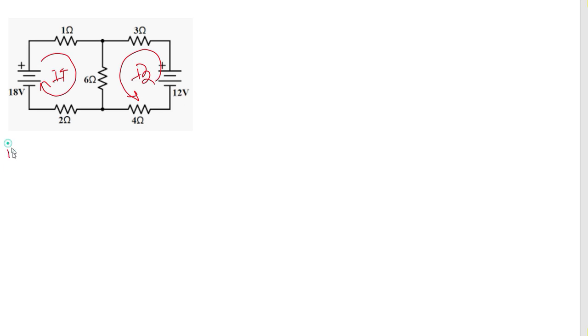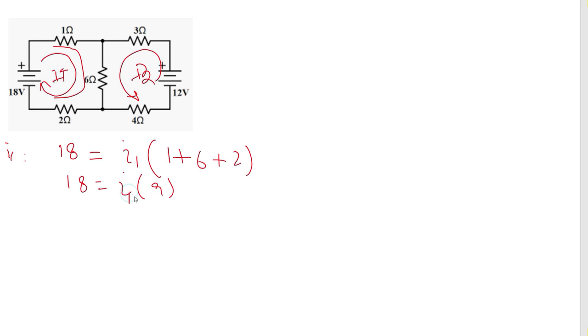Now for the I1 loop, 18 is equal to I1 multiplied by, I1 is going through this and this and this, 1 plus 6 plus 2. So 18 is equal to I1 times, 1 plus 6 is 7 plus 2, 9. Okay, and in the same circuit we are having this common resistance in which I2 is also flowing.